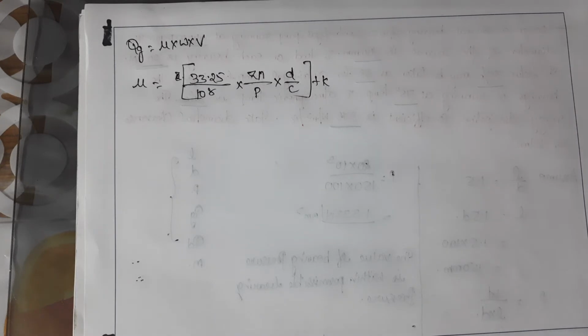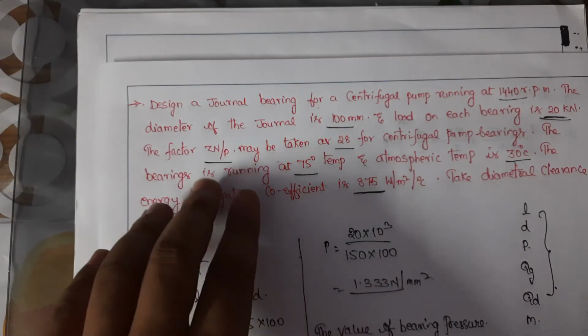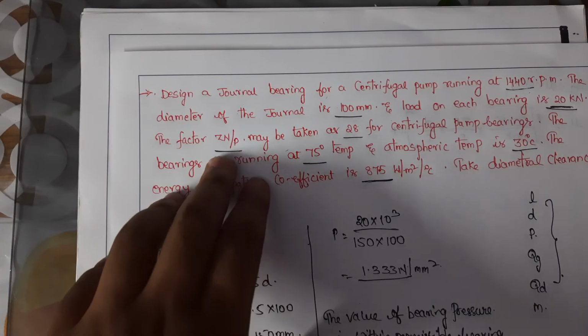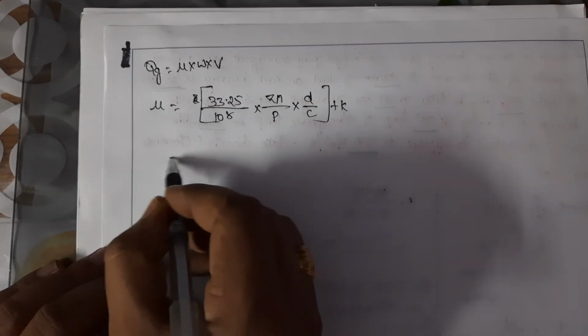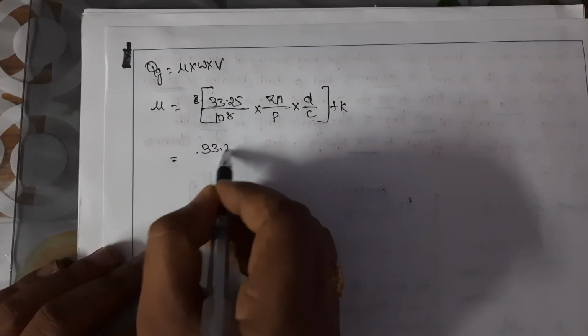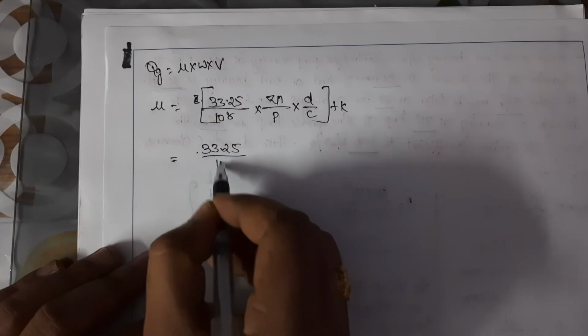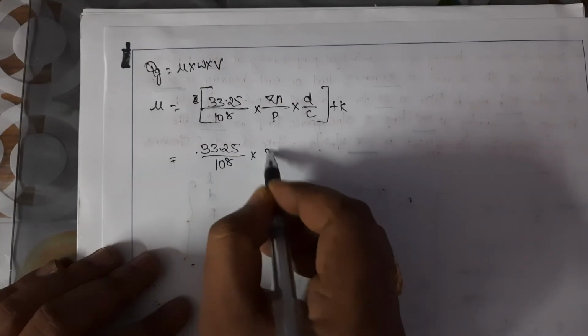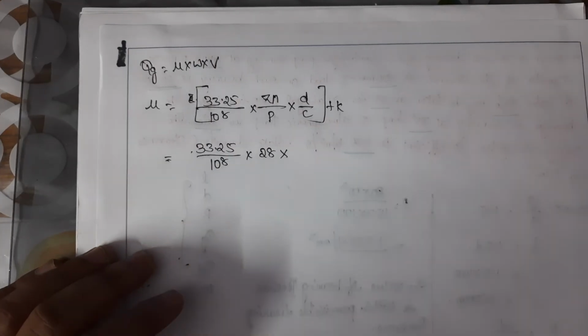Zn by P is already given in the question itself, he has mentioned Zn by P may be taken as 28. So 33.25 by 10 to the power of 8 into 28 into D by C.